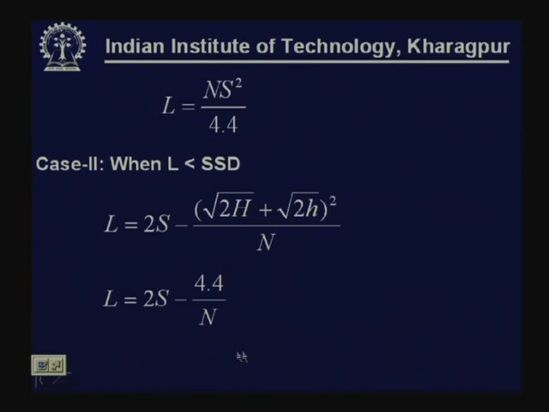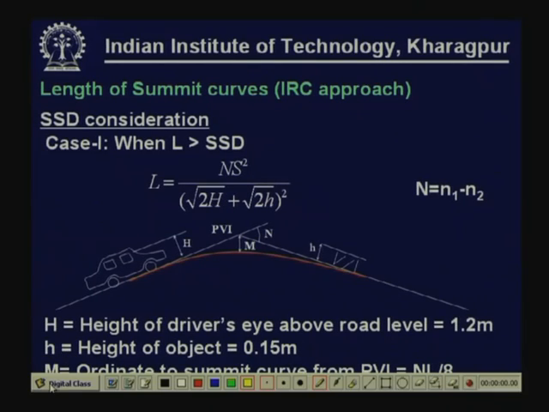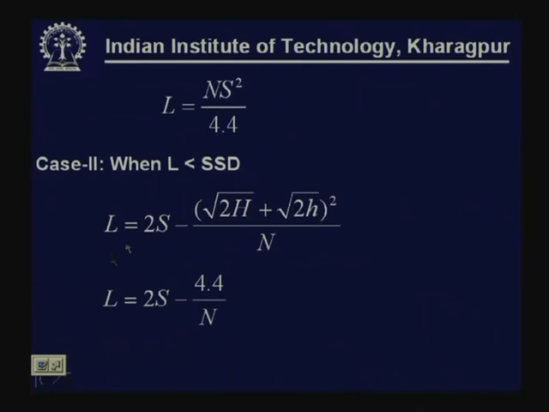This is a simplified version of the original formula we have discussed just now, that is L equal to N square by root 2 H plus root 2 small h whole square. So, it is the same, just by putting the value of capital H and small h, we get a simpler derivation.